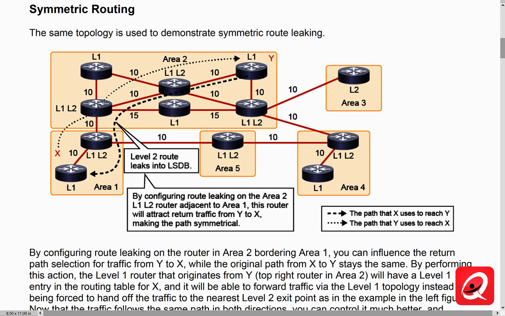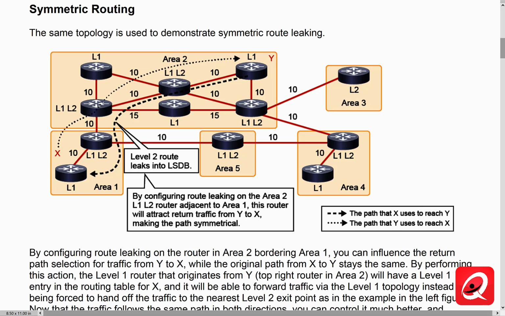We're not just simply routing to the closest level 2 router. We have a specific entry in the link state database for that particular prefix, and we'll use shortest path routing or least cost path routing to reach that destination.